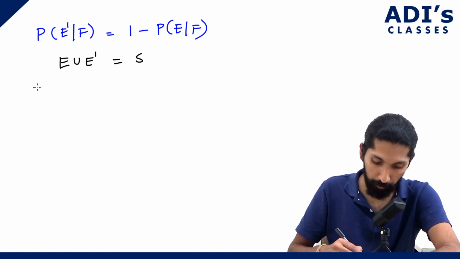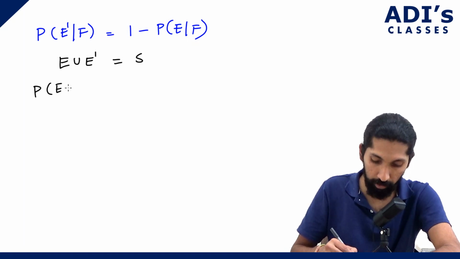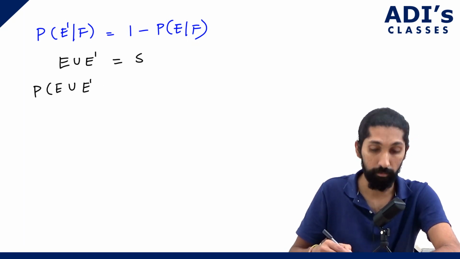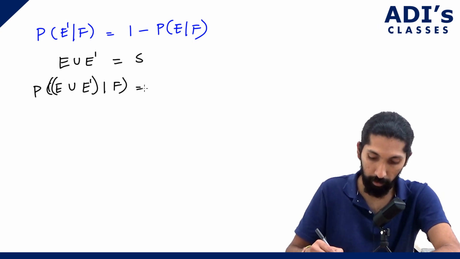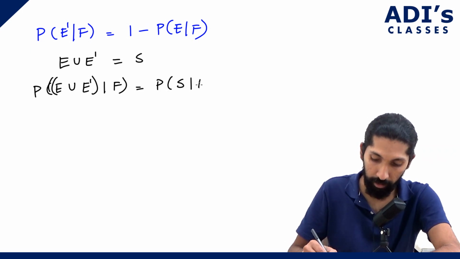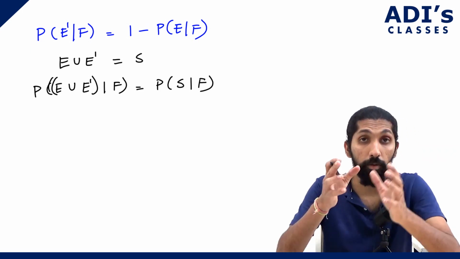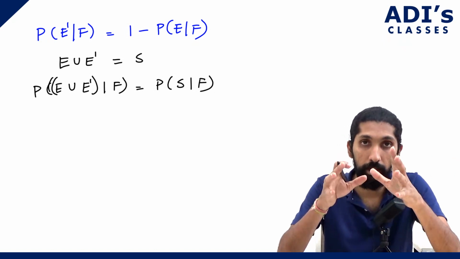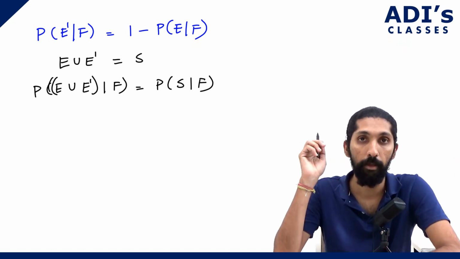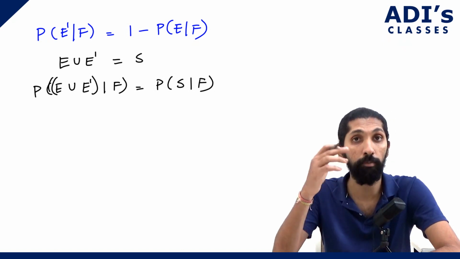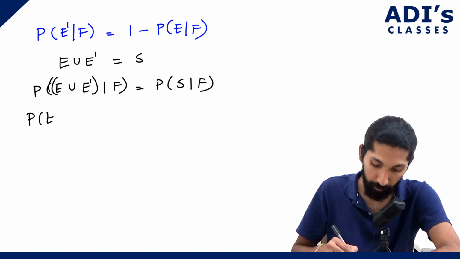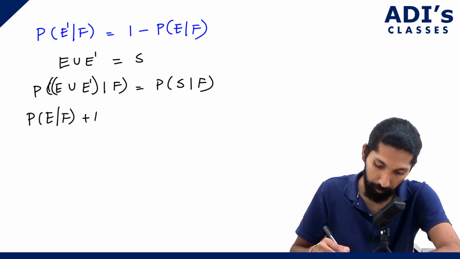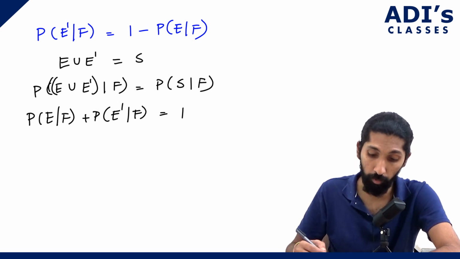So when you take P of E union E complement given F, this is nothing but P of S given F. Now E and E complement are disjoint sets, so the intersection would be 0. That means we get P of E given F plus P of E complement given F, and this is equal to 1.